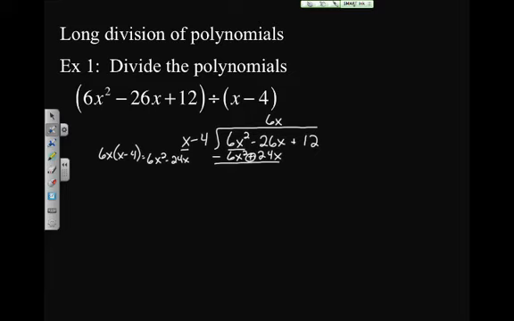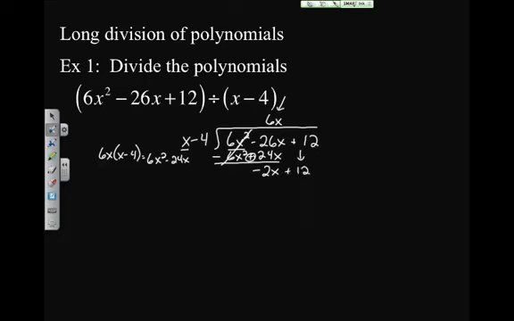Now notice what happens with this 6x squared. They will cancel. And that should happen every time, because that's how we got this number right here. So then we've got negative 26x and 24x, and that gives us negative 2x. And then we bring down the next term.